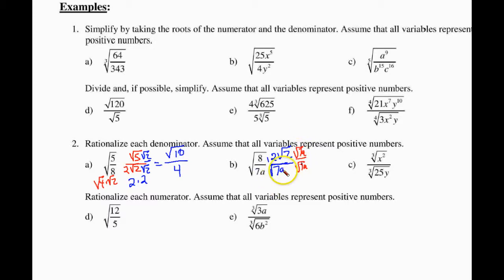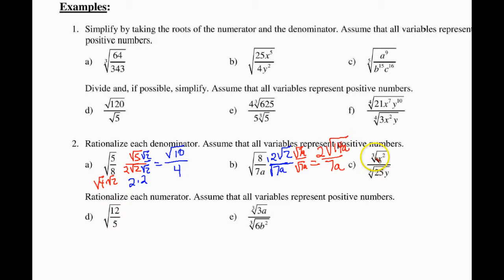So this becomes the square root of 49a squared, which just becomes 7a. And now my numerator becomes 2, and then 2 times 7 is the square root of 14a. Now, nothing can cancel out here. If it could, we should do the canceling.